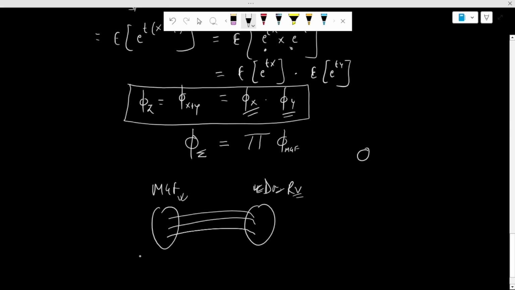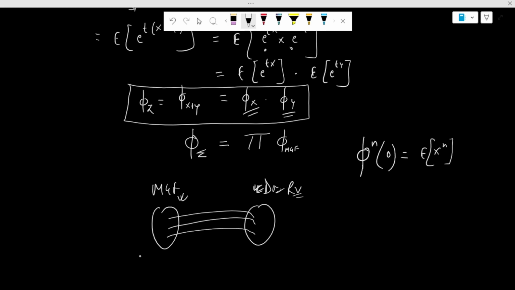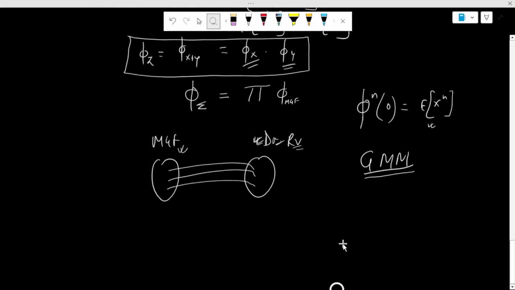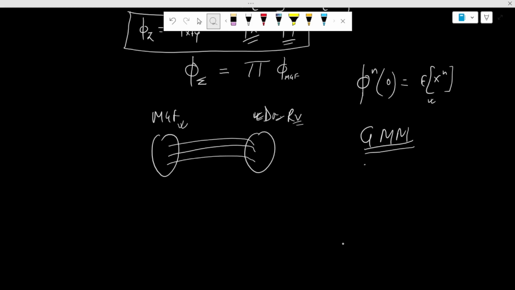Similarly, we have seen that when we take the nth derivative of the moment generating function and set t to 0, we get the nth moment of the random variable. This concept is going to be very useful in our generalized method of moments. In that case, we equate the moments of the population with the moments of the sample, and then derive the values of the estimates, which we will explore in our coming videos.